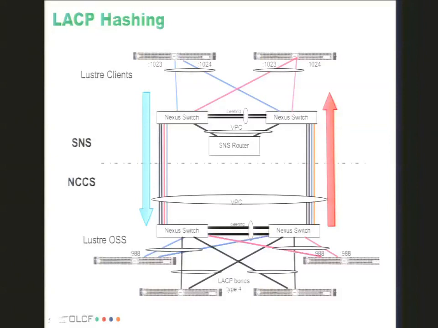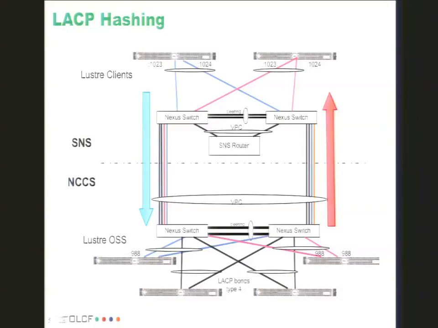If any one of those is different, the hash will be different, and with optimal configuration, we should use both links. We observed that sometimes that wasn't the case, that we'd have collisions where it would still be limited to a 10 gigabit connection between the clients and the OSS. But in aggregate and in the best case, we should see 20 gigabits.